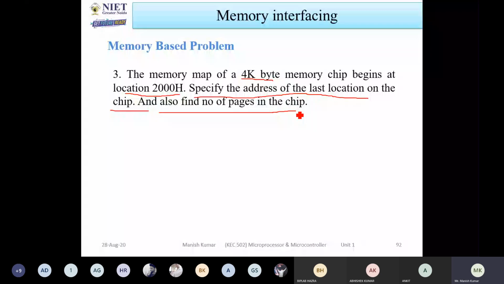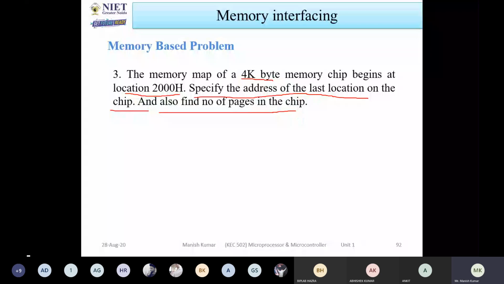So first you can find the number of pages. It's simple. For the number of pages, you have to find one page is equal to how many bytes? You have to remember it.